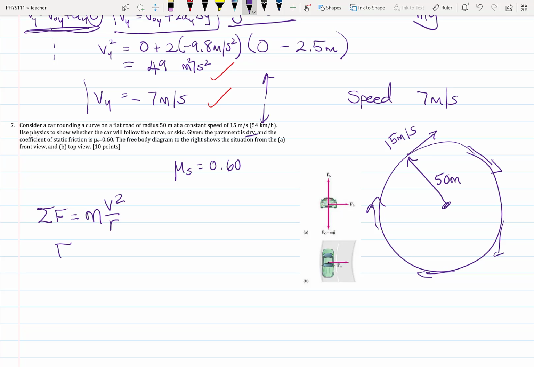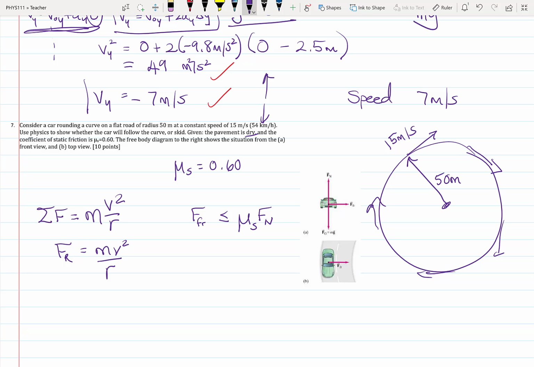So this is centripetal force, mv squared over r. Frictional force is the situation that we're talking about. There it is in our free body diagram. That's what's holding you to the road. And our frictional force is going to be less than or equal to the maximum, that's the static friction, times the normal force.